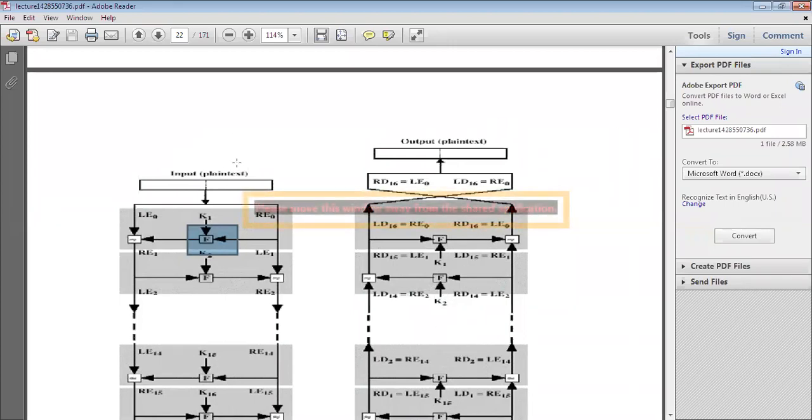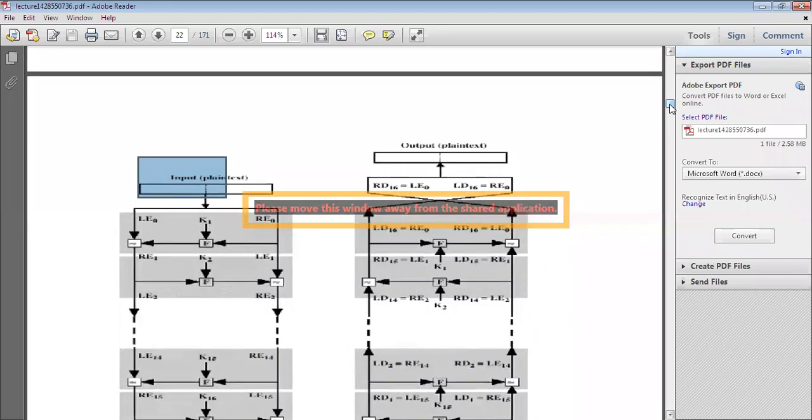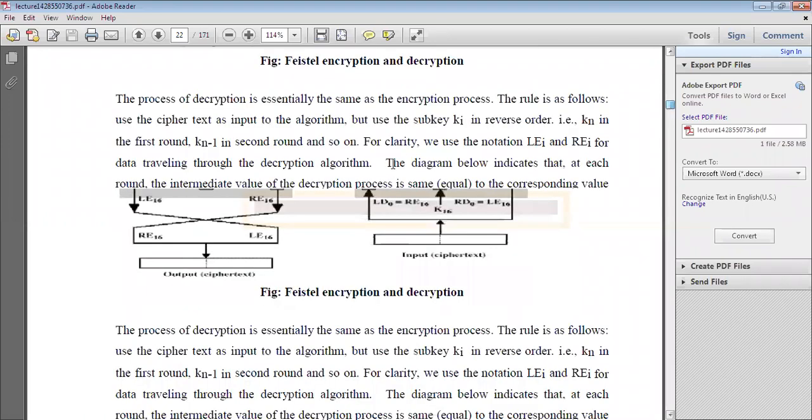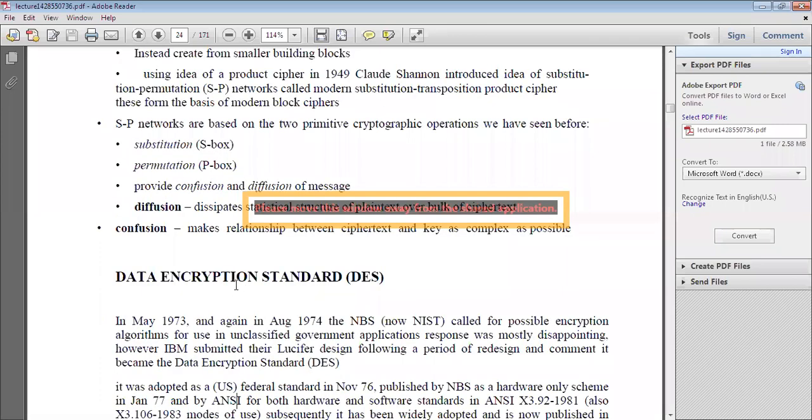This type of conversion: the plain text you have to convert into block mode or stream mode. For block mode, the modes of operation you use are ECB, electronic code book, and CBC, cipher block chaining.